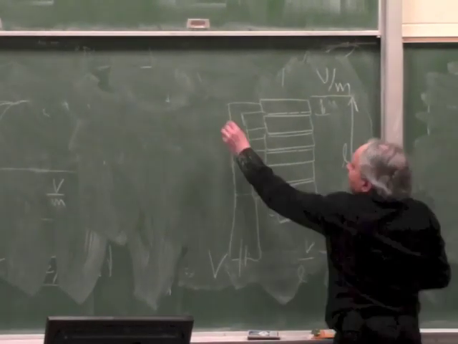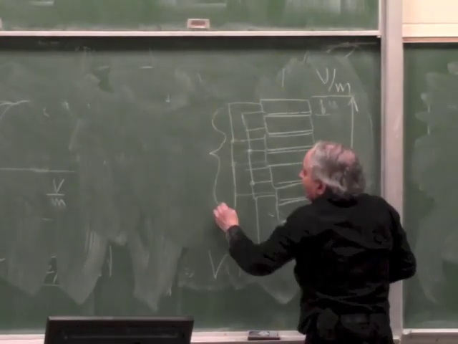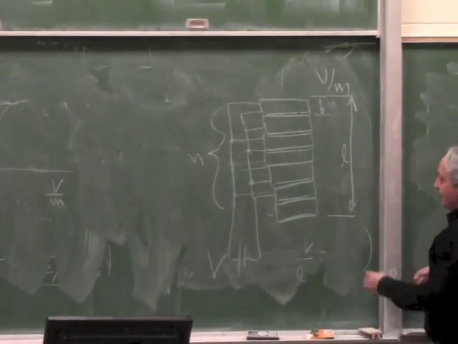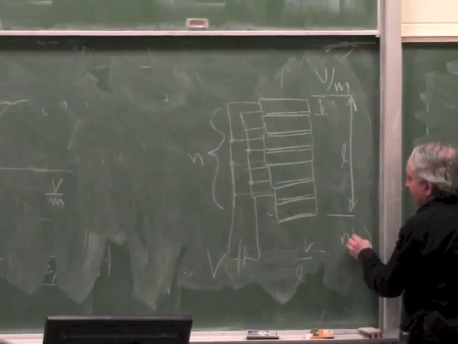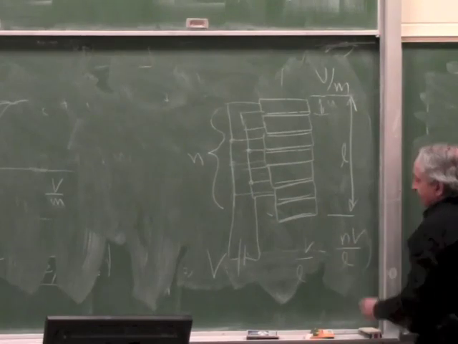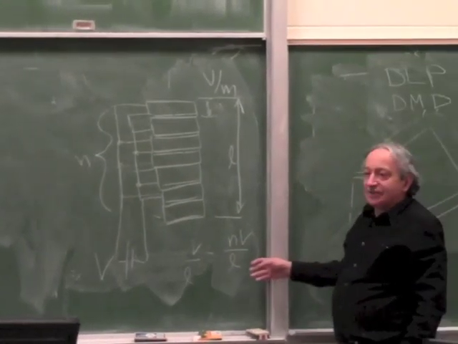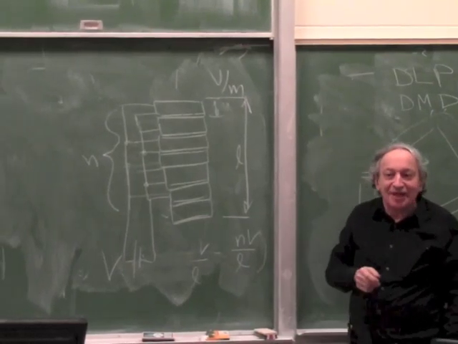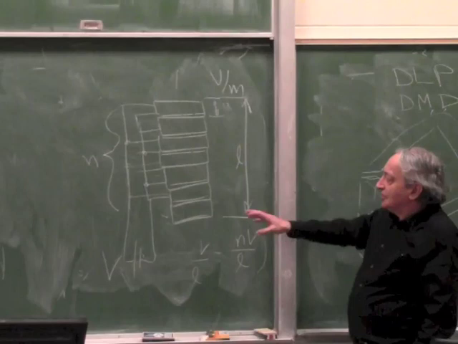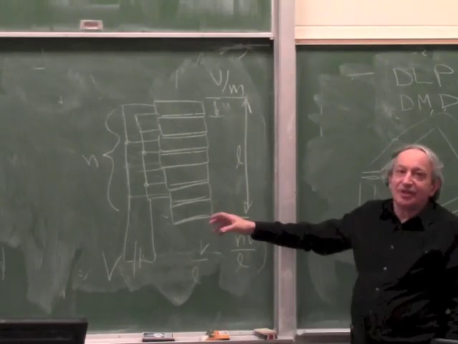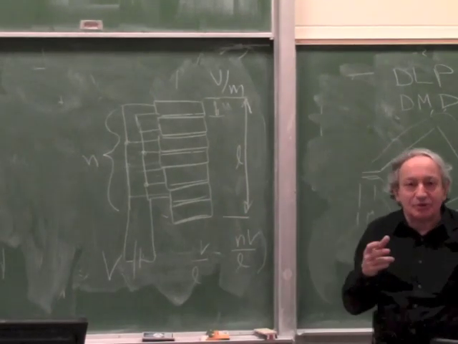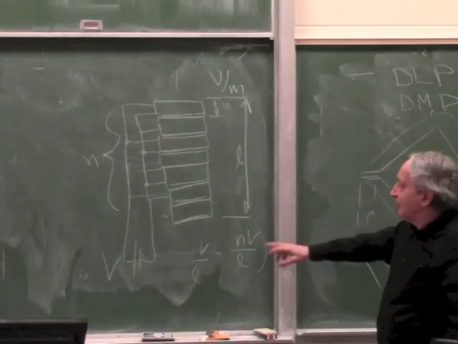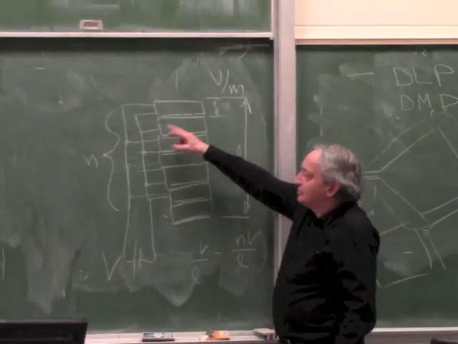So if I have n layers, the electric field will be nV over L. Is that clear? It's a bit like adding turns to a coil to change the Ni. So this is the most standard piezo actuator. When you buy a piezo actuator today, especially the big ones, which you can move more, they're all built like this. They are a stack which is wired in parallel.